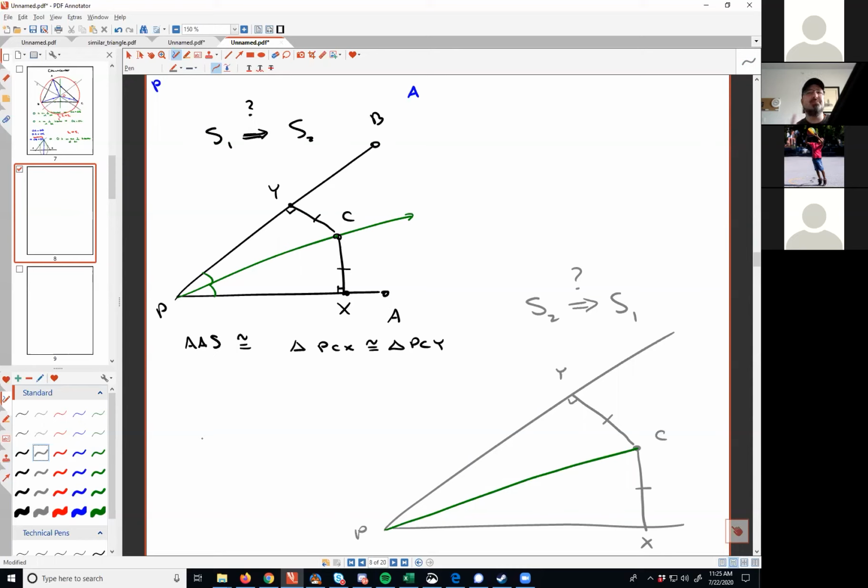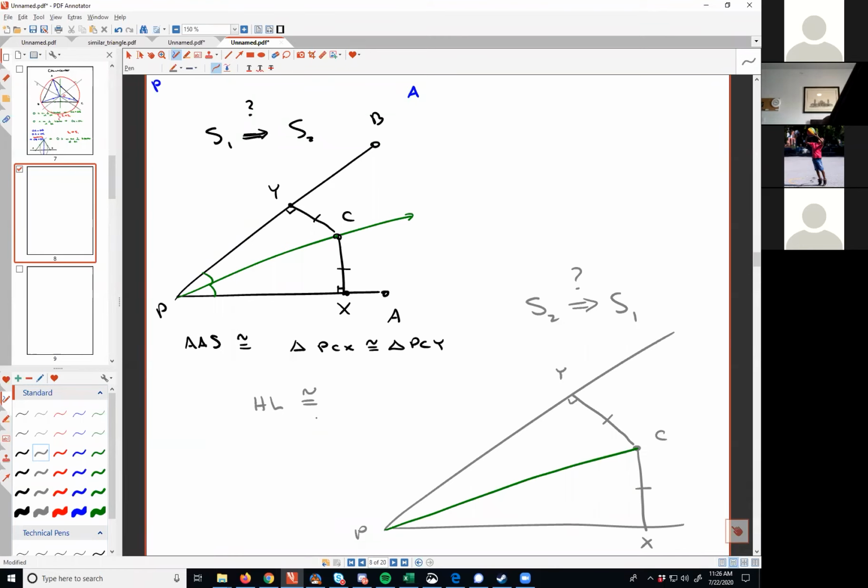This is the one that we didn't prove. We didn't prove HL congruence or similarity, but know that it works. And part of the reason the HL works is because using the Pythagorean theorem, we can always get the third side from the first two. Then we have those third sides that are the same, and SSS finishes the job for us.